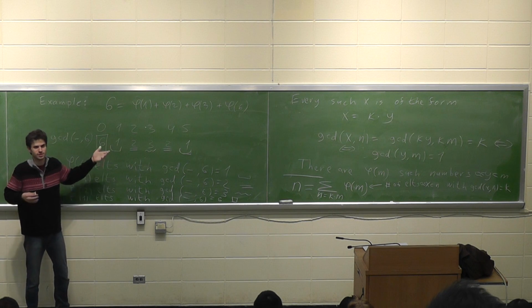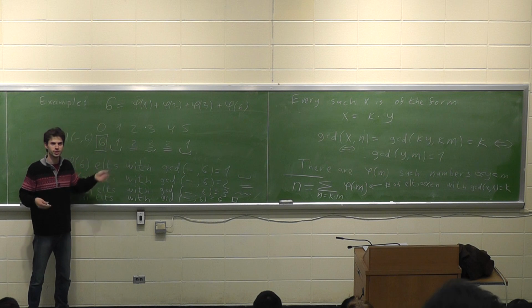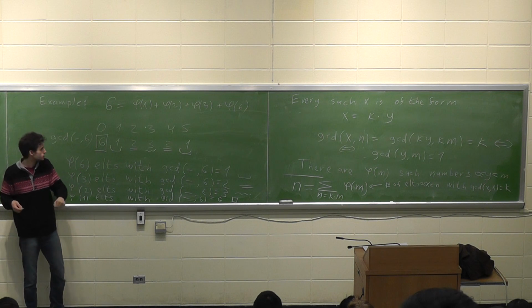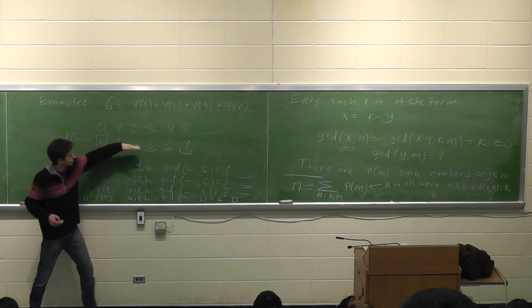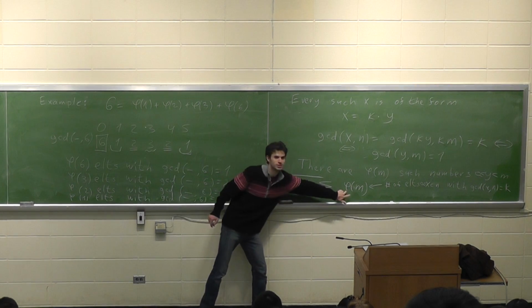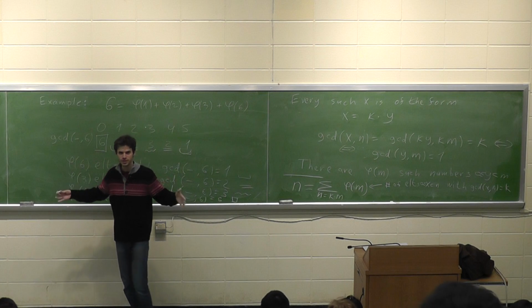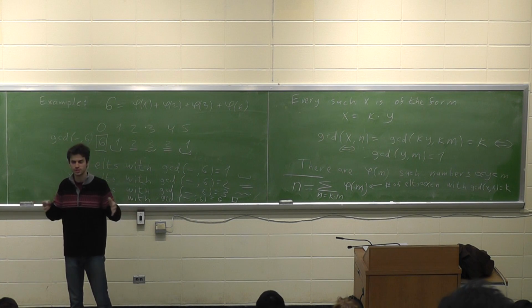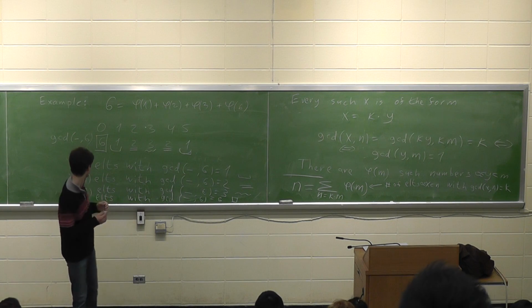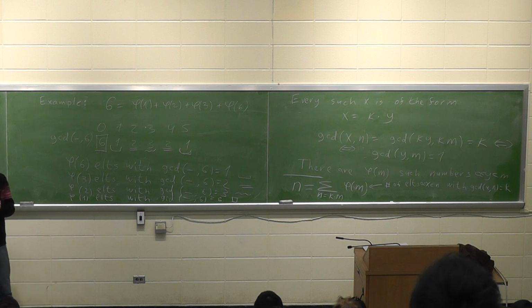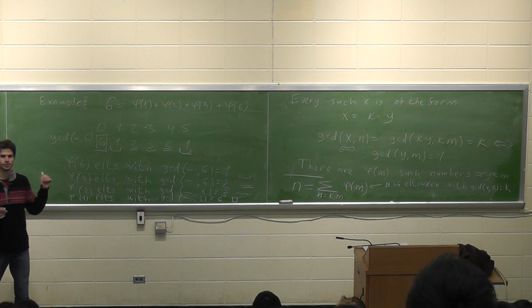Each basket has elements with a certain property. If you count the number of elements in each basket, you'll get this answer. And then you just say that the total number of elements is the sum of the elements in each basket. So, any questions about this?